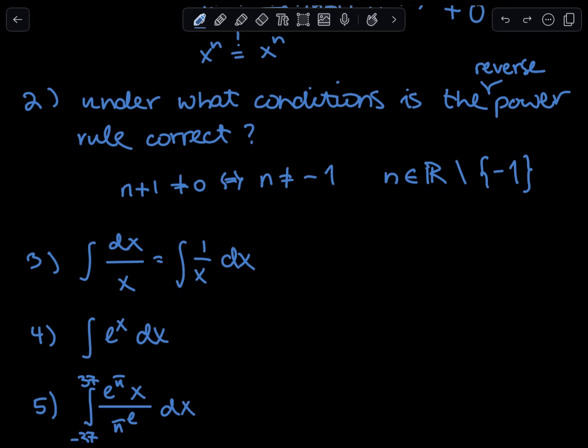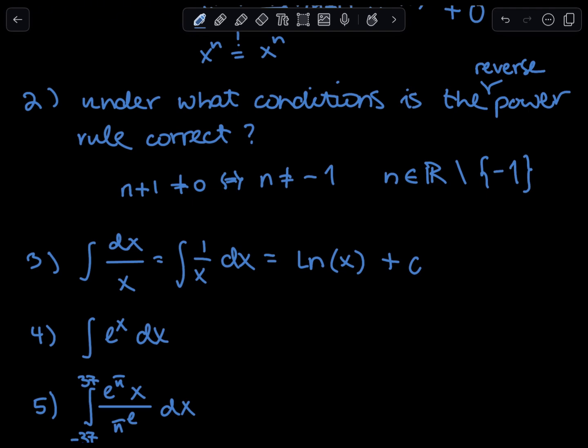And we haven't seen this integral, but you can just guess which function differentiated gives 1 over x. And from the previous chapter on differentiation, you should know that this is just the natural logarithm function, and always add the integration constant when you have indefinite integrals.